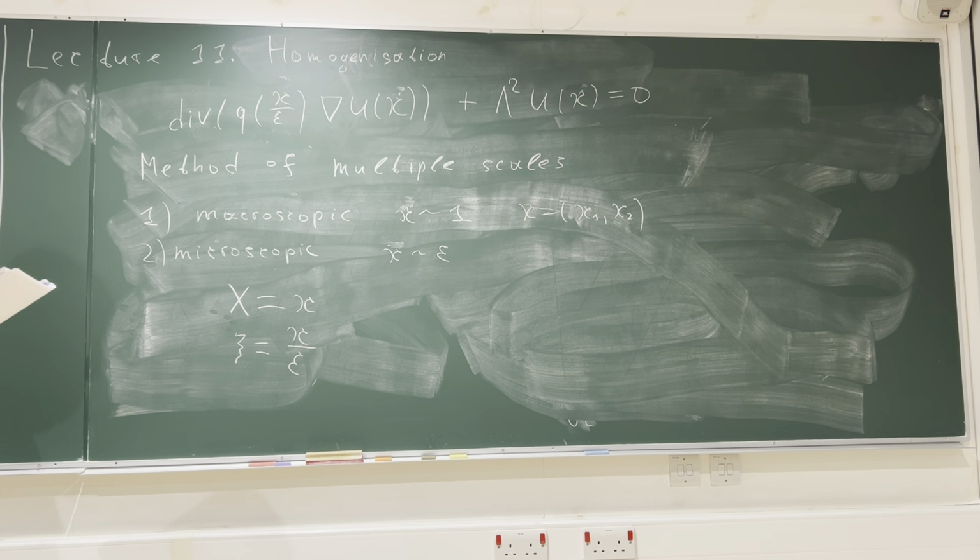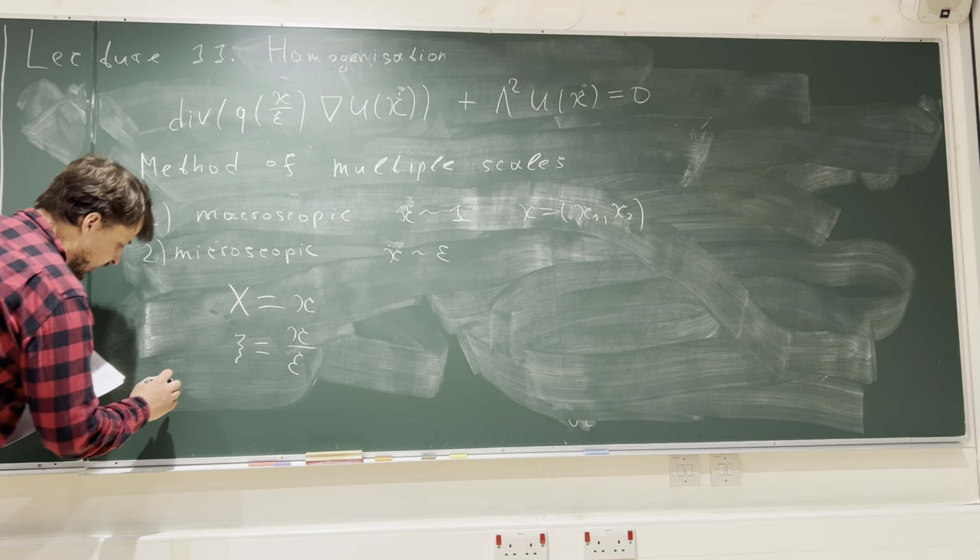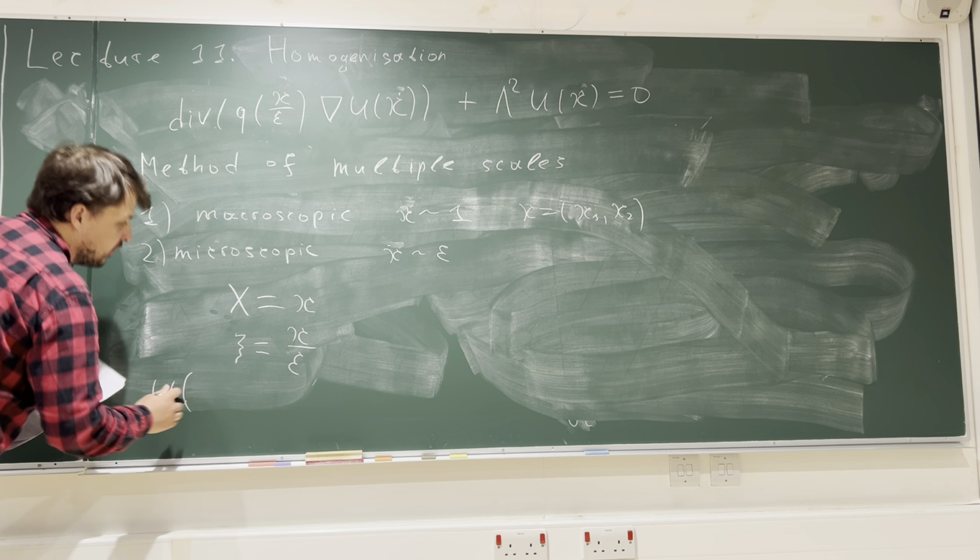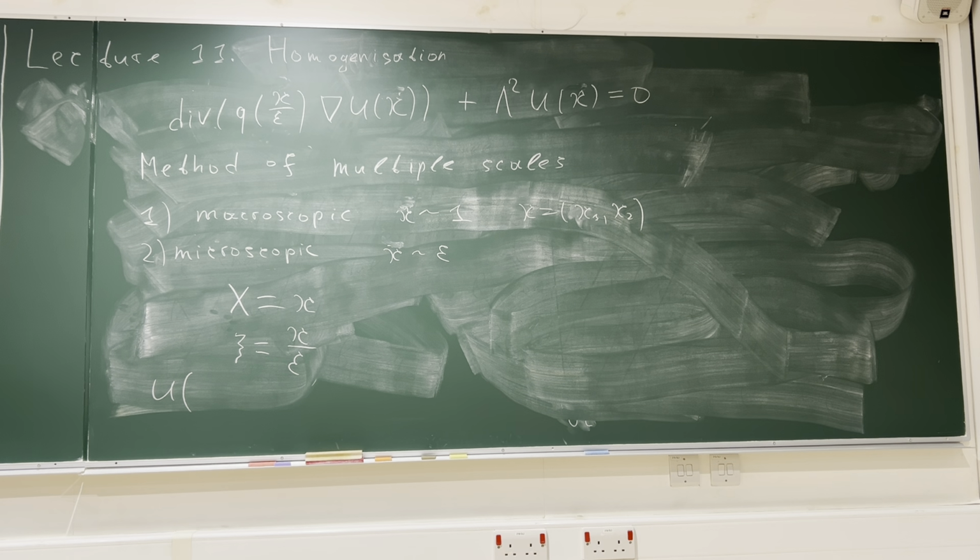And then a very obvious step. I will say, okay, we have two scales, and probably let's try to build a function that depends on them as on two different variables.